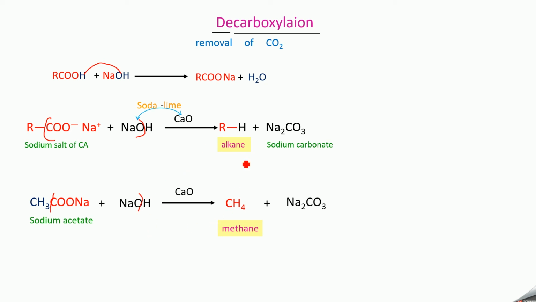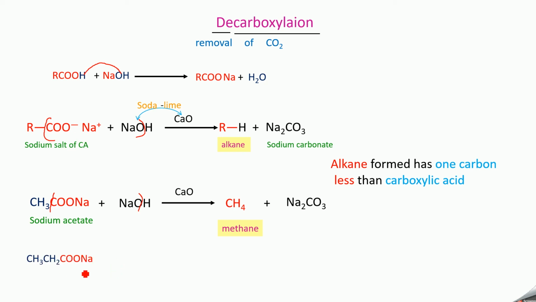In this case, you are getting an alkane with 1 carbon less. See, CH4 has 1 carbon, but you are taking a 2 carbon acid. So you are getting an alkane which has 1 carbon less than the carboxylic acid. In the same way, CH3CH2COONa on treatment with soda lime has 3 carbon atoms.